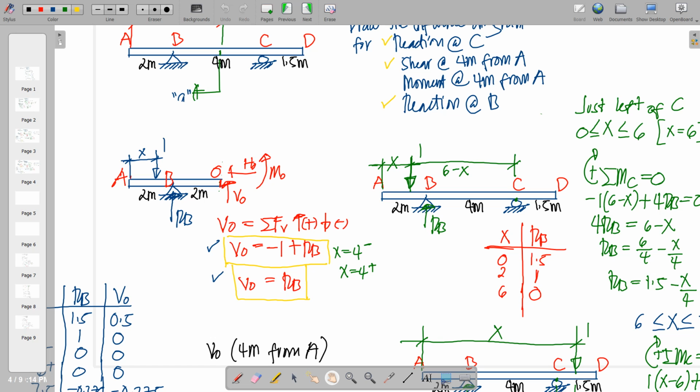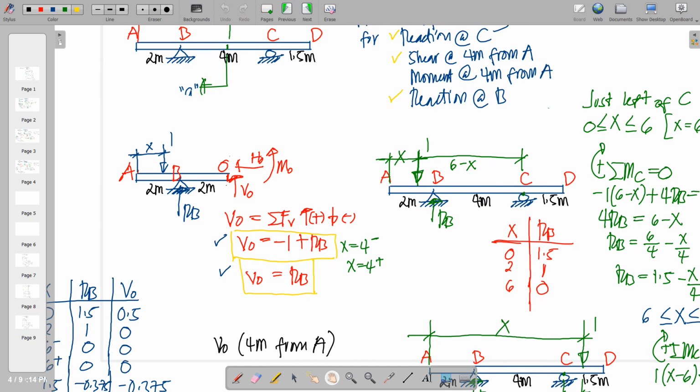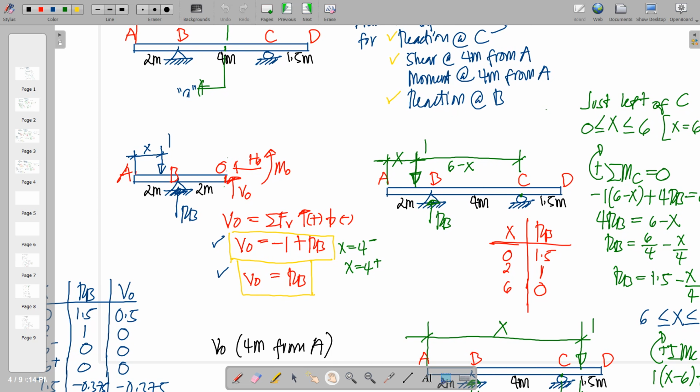Because just left of O, there will be a case wherein one will abandon the left portion and transfer to the right portion. So just the same as VO, MO will now be dependent on the value of B. But we should make sure to have an equation applicable for the left portion, and an equation applicable for the right portion.